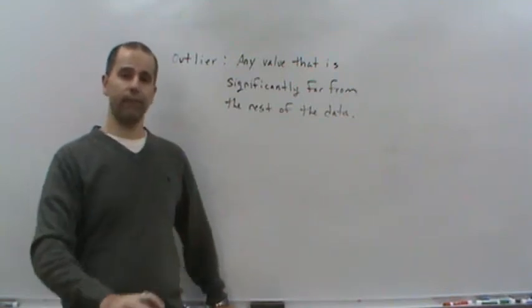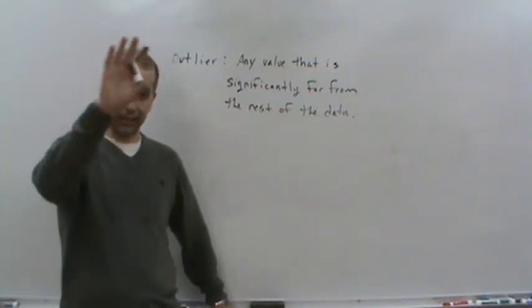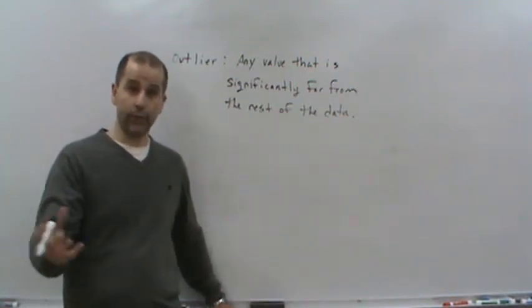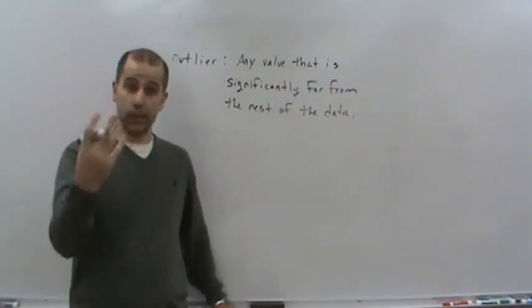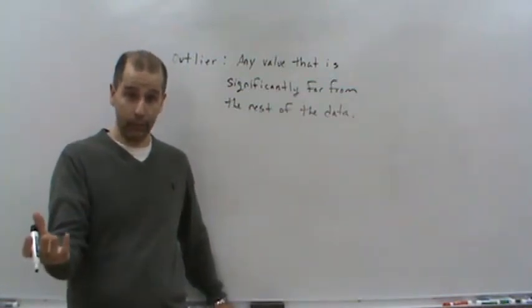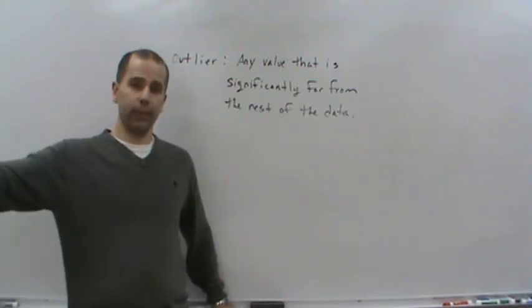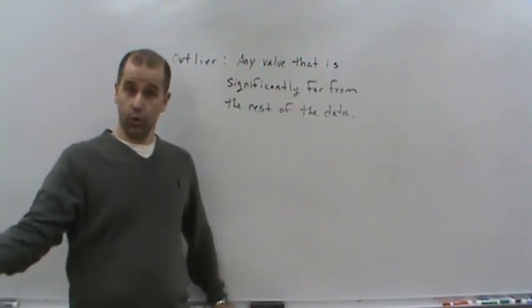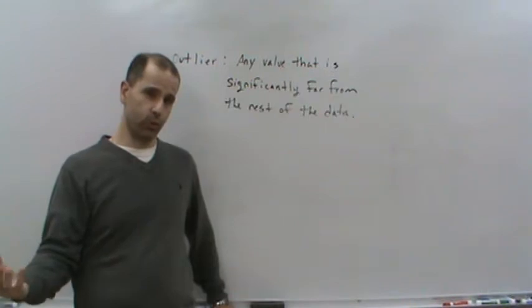If we think of values around the mean as the usual values, the usual suspects, what you would expect a typical value to be, the further away you get from the mean, the less usual it is, or the more unusual it becomes.